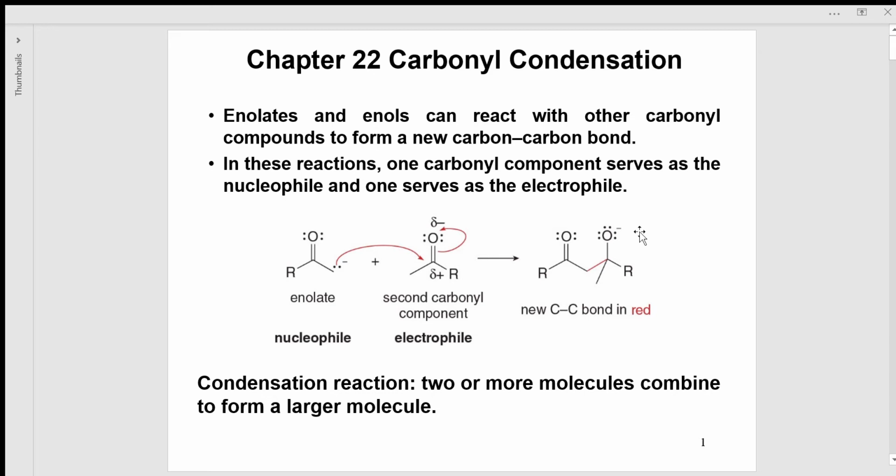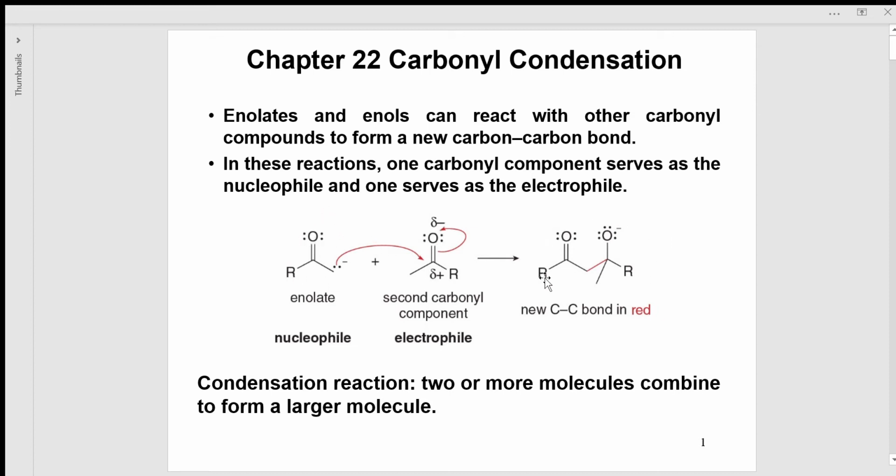Well, first, the condensation. Condensation means that two molecules react with each other. Normally, a small molecule is eliminated during the reaction between the two molecules. For carbonyl condensation reactions, obviously, we have one carbonyl compound reacting with another carbonyl compound.